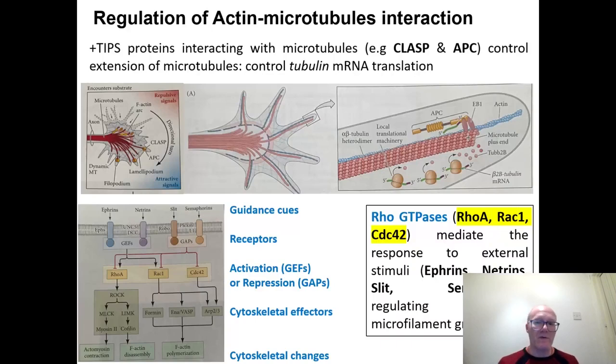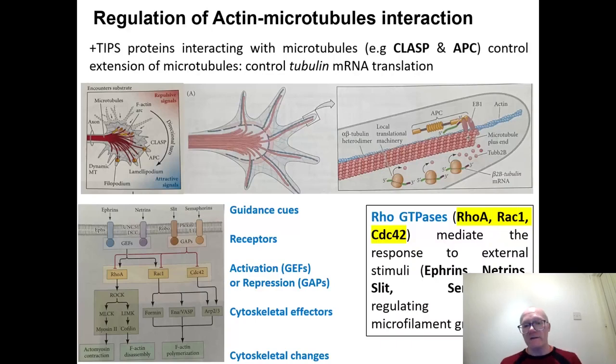Those bind a receptor on the axon. One important thing to notice is that not all axons, not all filopodia, have the same receptors. From time to time, a filopodium does not have a receptor for a particular external stimulus, so it does not respond to that stimulus.